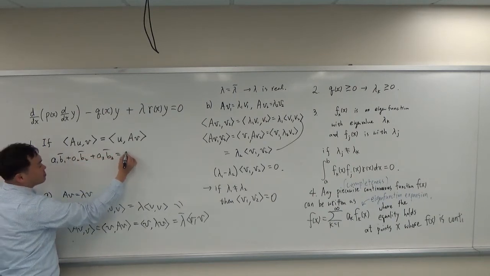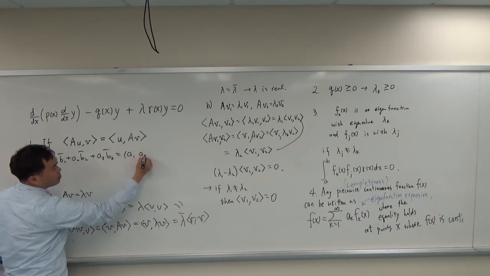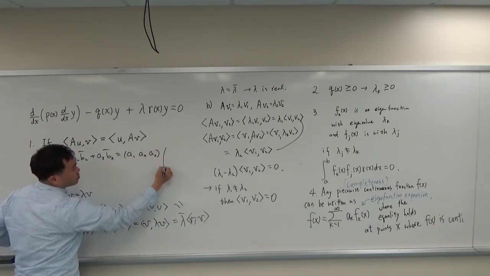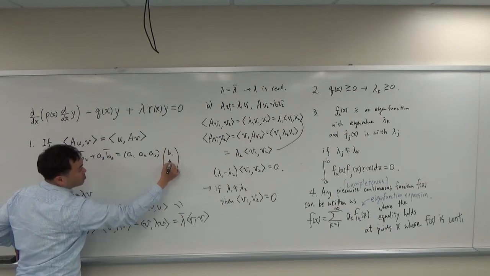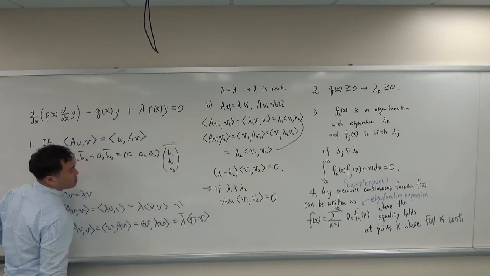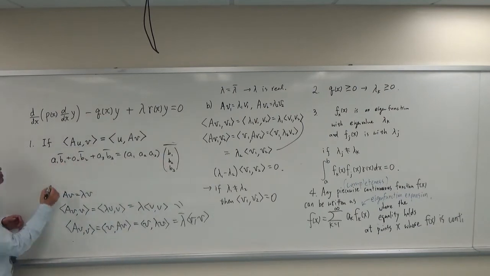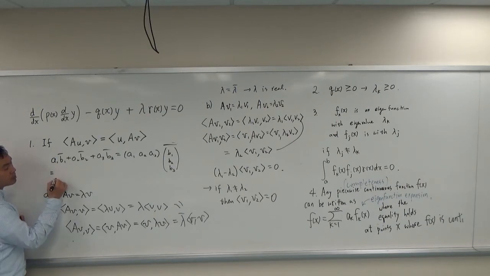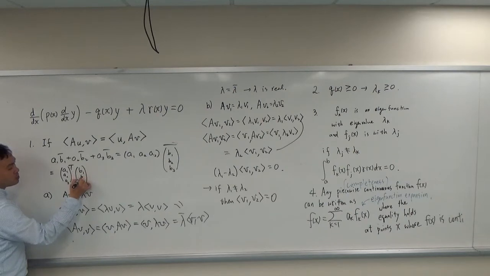This is the same thing as saying (A1, A2, A3) with (B1, B2, B3) with conjugate here, right? Which is the same thing as (A1, A2, A3) transpose times (B1, B2, B3) bar. Okay?